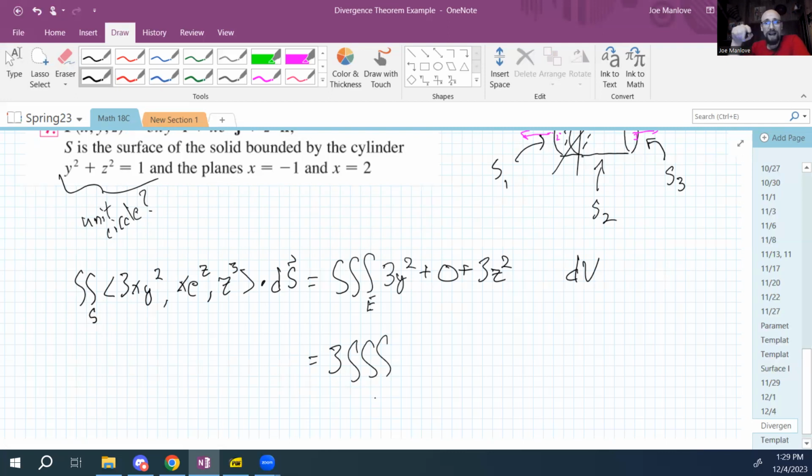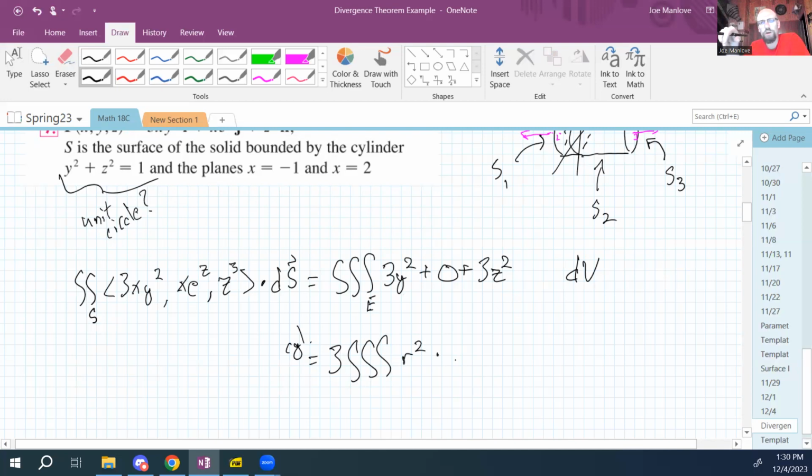In this case, I'm going to let x be x. I'm going to let y be r cosine theta and z be r sine theta. So we're going to convert to cylindrical. I'm going to figure out bounds in a second. I'm going to get an r squared out of the y squared plus z squared.